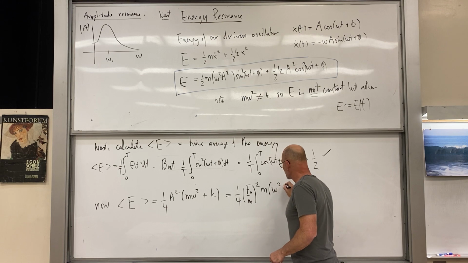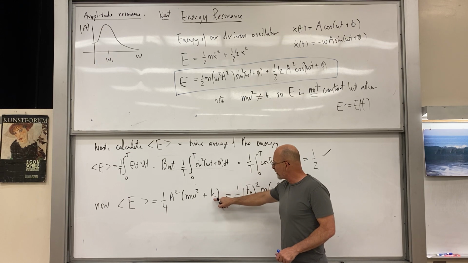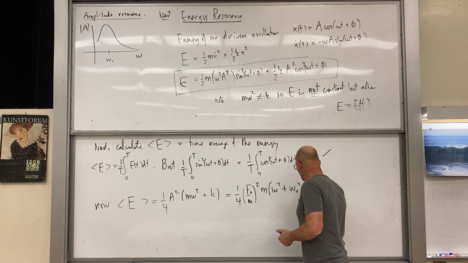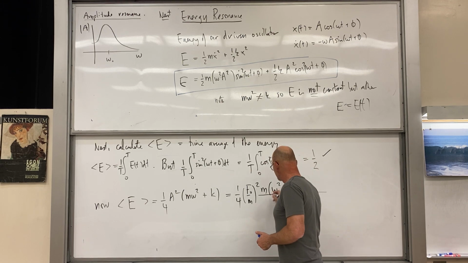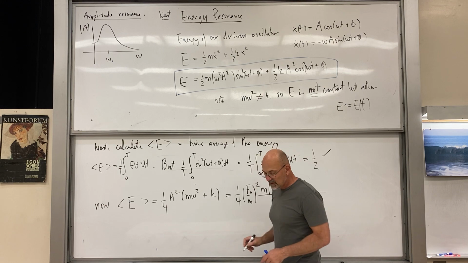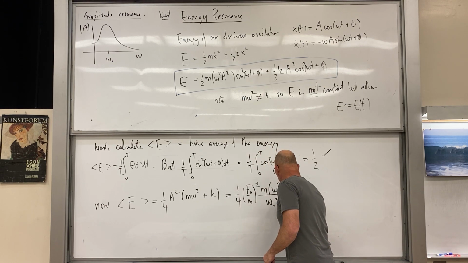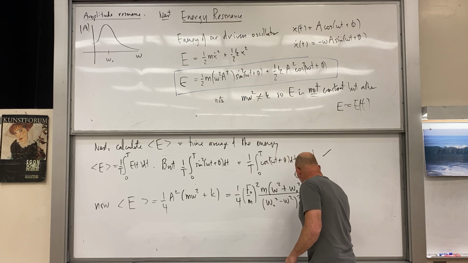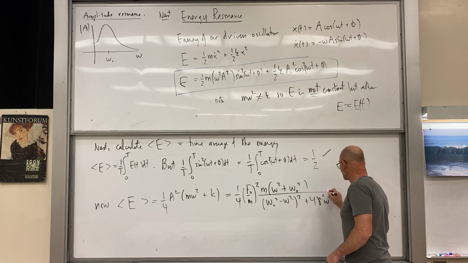We'll have omega squared plus omega naught squared. Because if I factor out an m, then I have m omega naught squared is equal to k. So plus omega naught squared. And then in the denominator, I have omega naught squared minus omega squared, the quantity squared, plus 4 gamma squared omega squared.